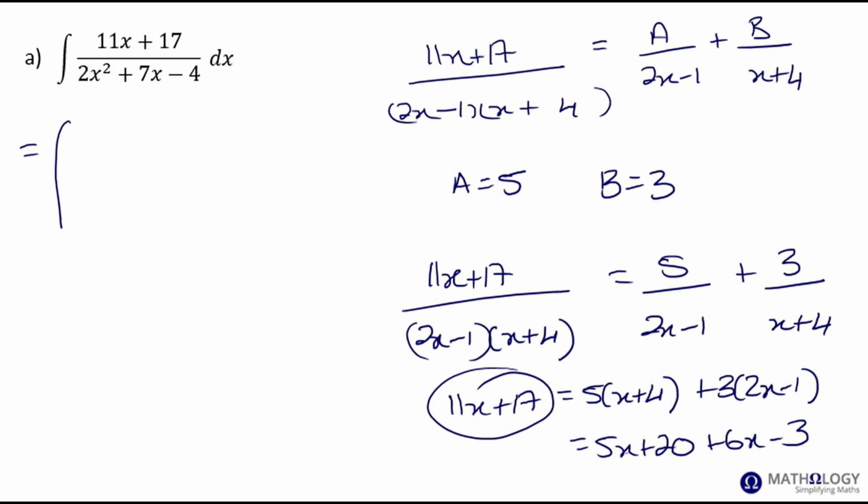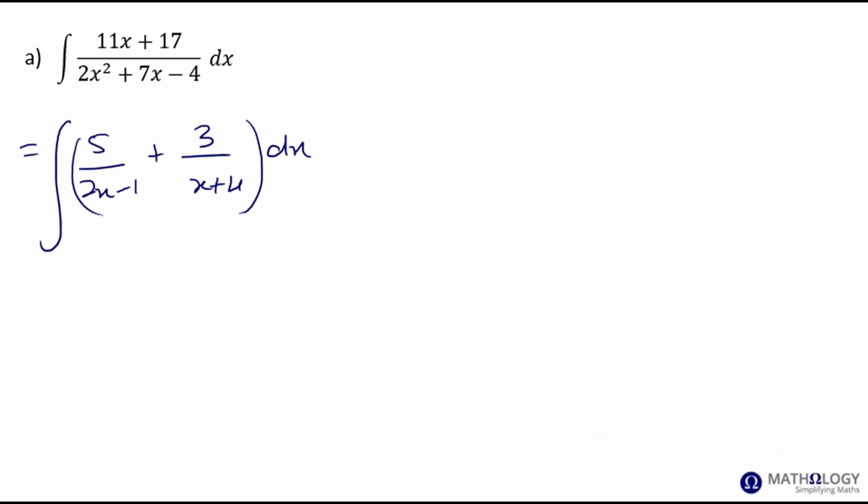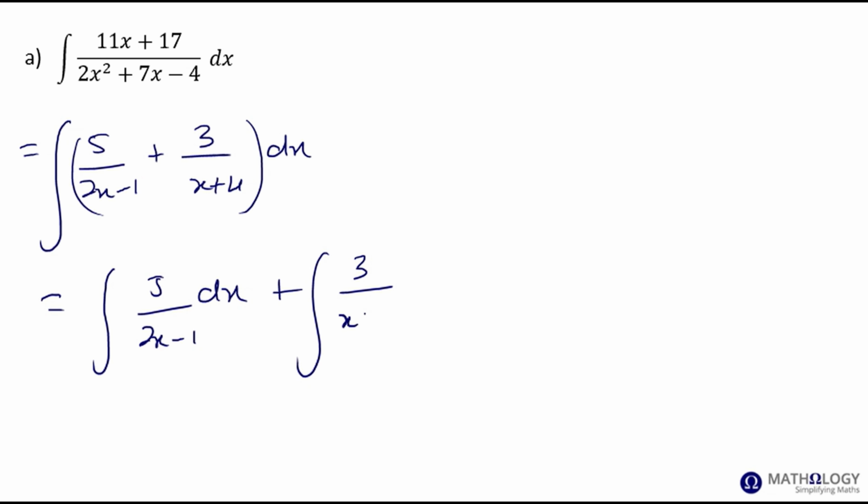So we can write this integral as the integral of 5 over 2x minus 1 plus 3 over x plus 4 dx. I can split this up into two integrals. So the integral of 5 over 2x minus 1 dx plus the integral of 3 over x plus 4 dx.